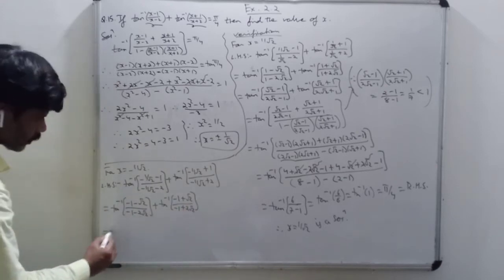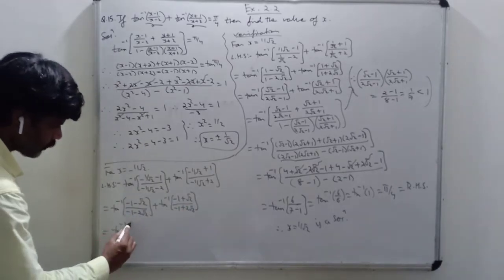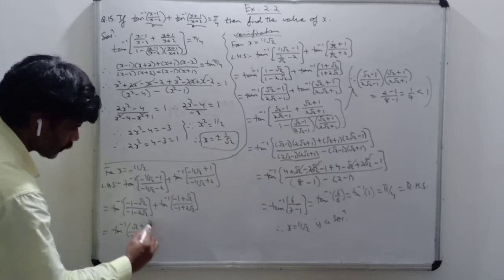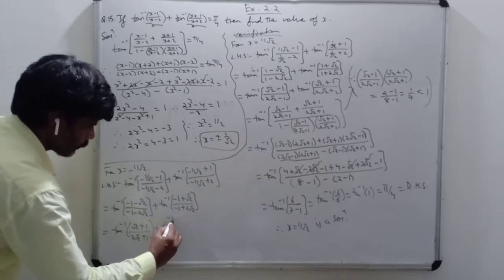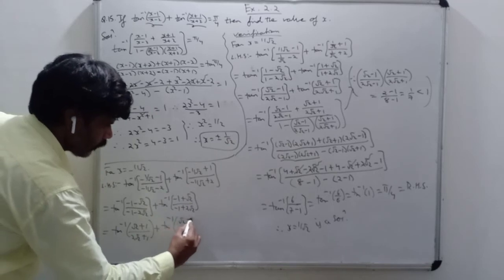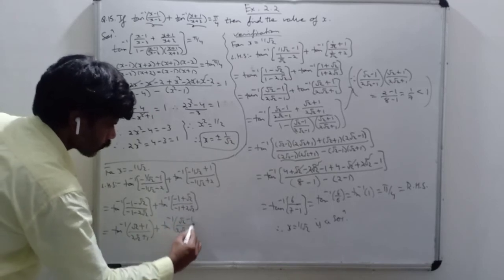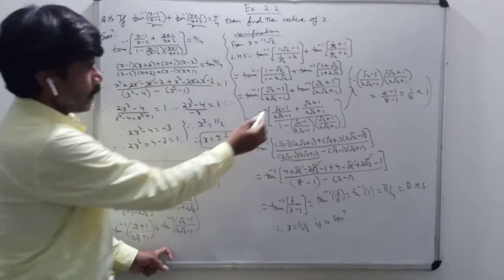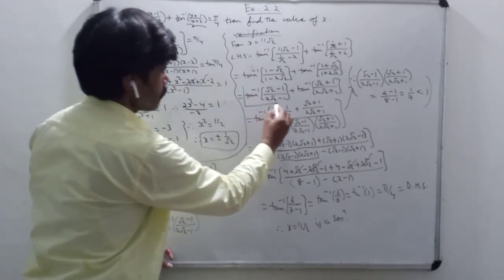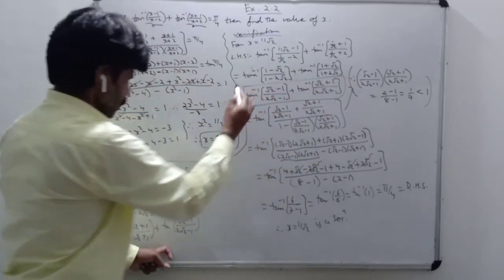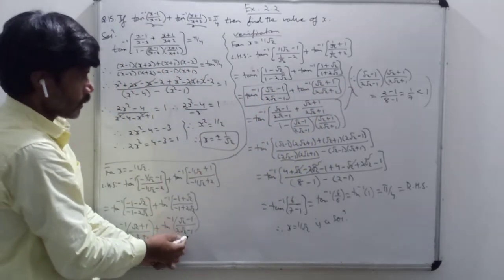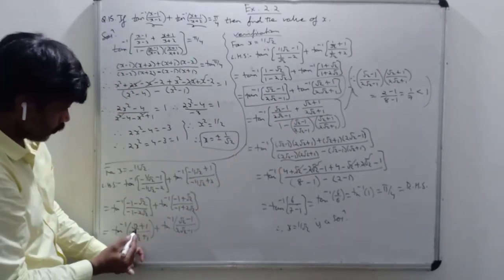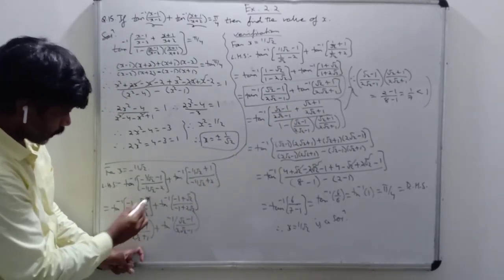So that is equal to, now minus common and cancel, so I will get tan inverse of root 2 plus 1 upon 2 root 2 plus 1, plus, again here also I will take minus common and get cancelled, so root 2 minus 1 upon 2 root 2 minus 1. Now you see this term is nothing but this one, tan inverse of root 2 minus 1 upon 2 root 2 minus 1 plus tan inverse of root 2 plus 1 upon 2 root 2 plus 1.